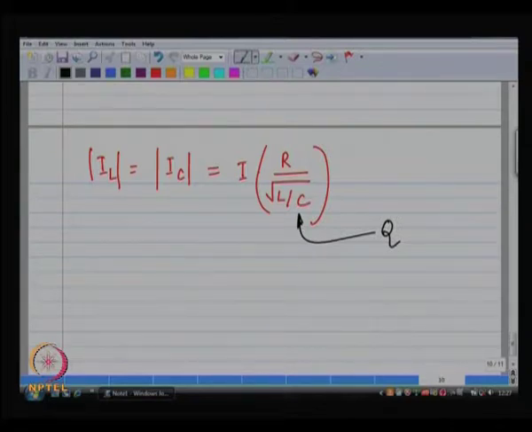characteristic impedance? Yes. So, the square root of L by C, this number is somewhat related to the characteristic impedance. So, it has units of ohms and it is a number, it could be something like 50 ohms, in which case if I choose R to be 5 kilo ohms, then I have got a Q of 100. All right.